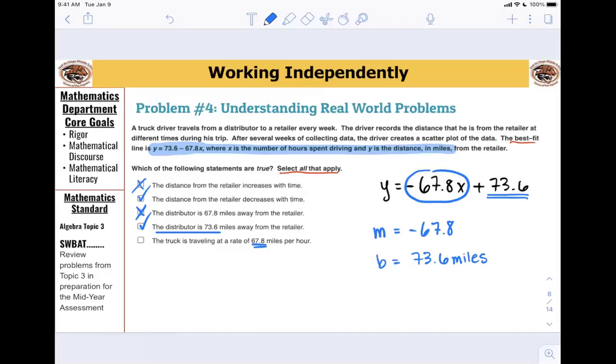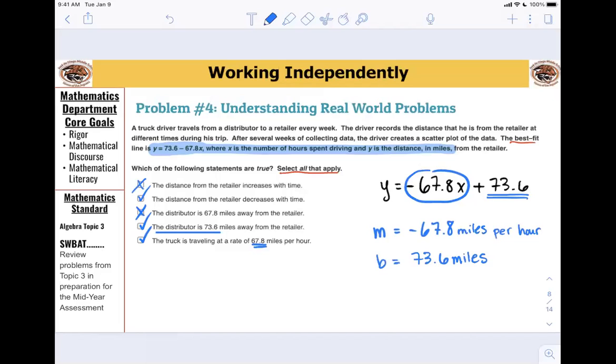Miles per hour. Okay, so he starts far away and he comes closer and closer to his final location. So those are my final answers, B, D, and E.